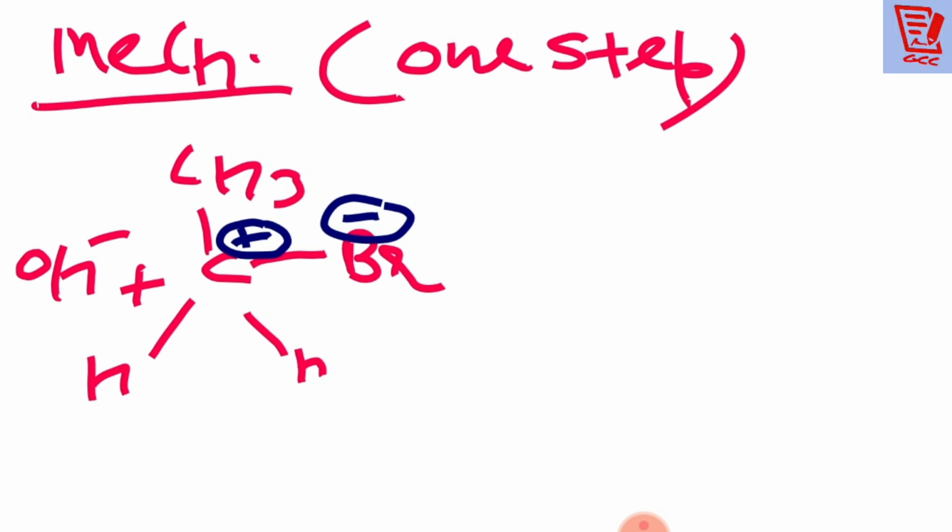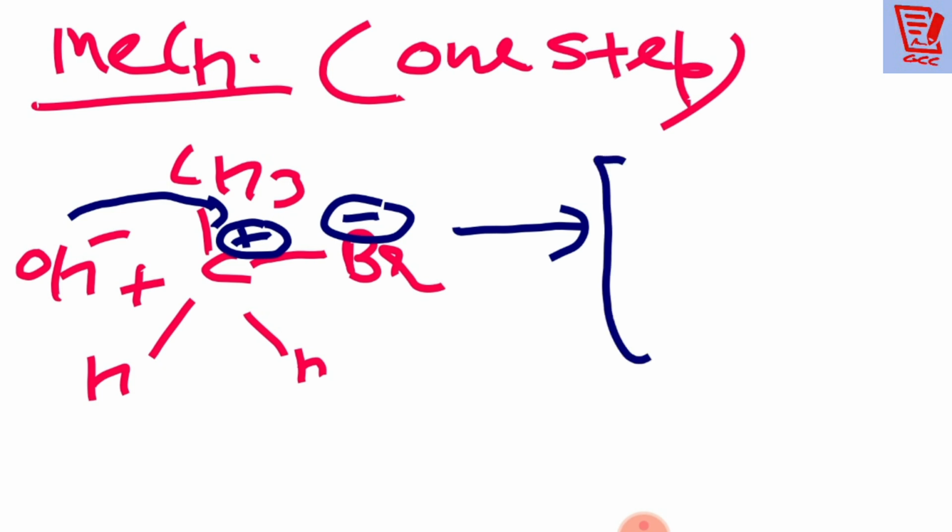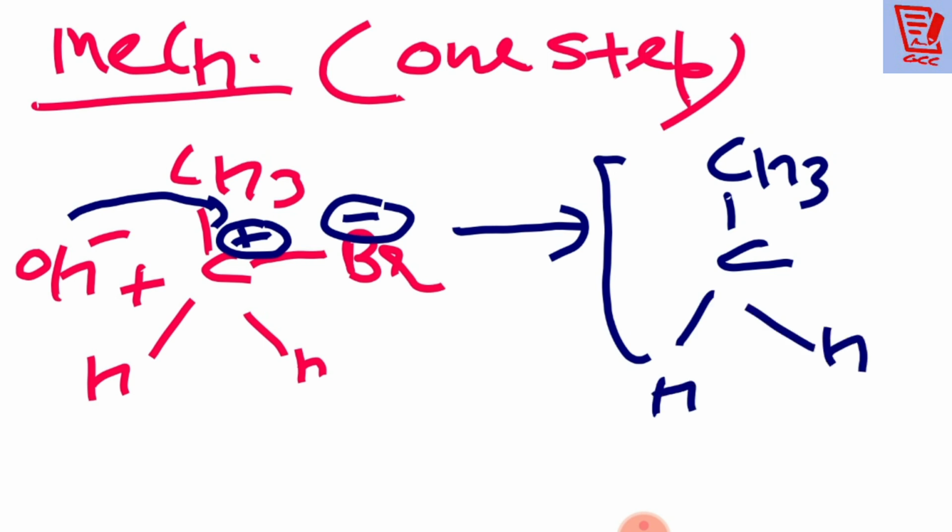Fine. Now, when it is attacked, then what is going to happen over there? There will be a formation of transition state. You see, CH3, then H as it is. Carbon has maximum 4 bonds, no?